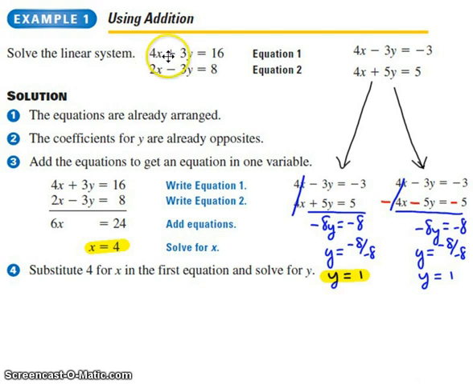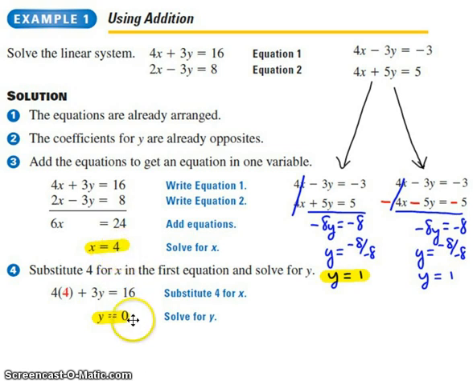So instead of 4x plus 3y, they're going to say 4 times 4 plus 3y equals 16. Well, 16, you move that over, and it becomes minus 16, so you've got 3y equals 16 minus 16. In other words, y equals 0. Now you've got both the x and the y. You've got the place where the two lines cross.